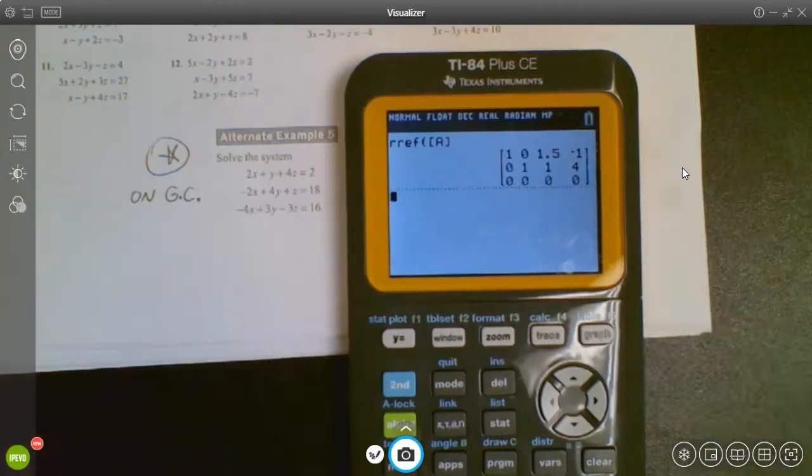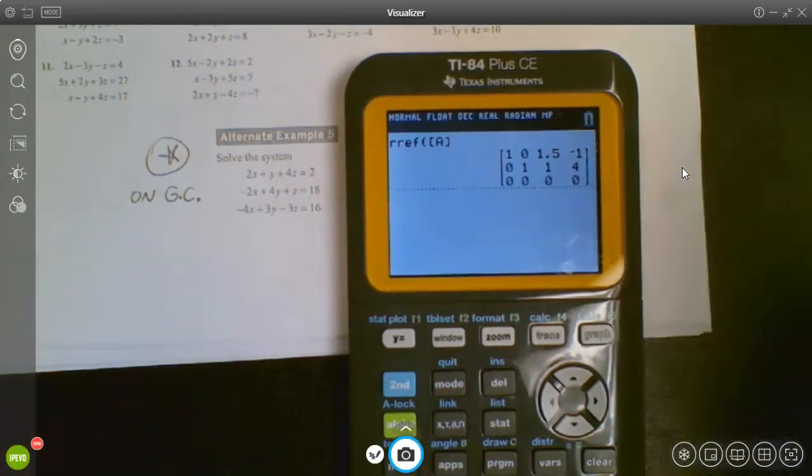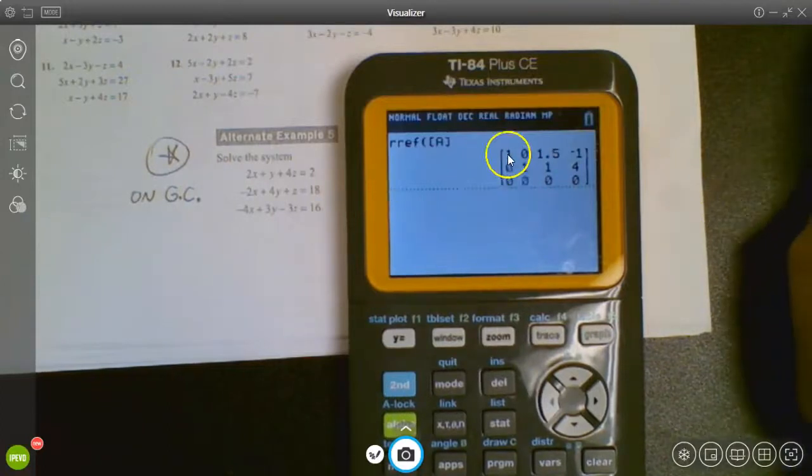What do you notice about the difference on this one compared to the last one? Obviously, I did not get the identity matrix that I need in order to identify what my solutions are. So I have these sort of mixed results. There's nothing down here. What we're looking at is this final row.